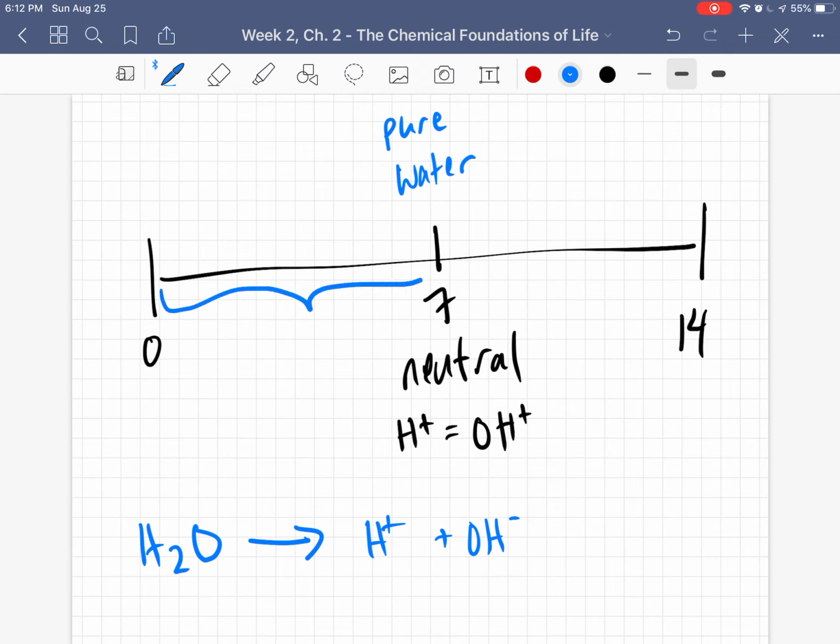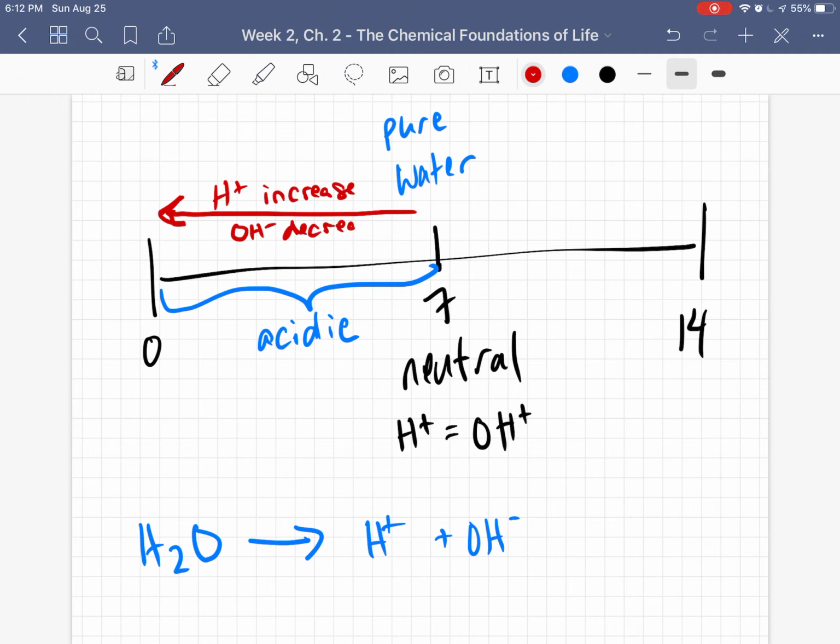If you are from 0 to 7, you're acidic. So as you move from 0 to 7, hydrogen ions increase, hydroxide ions decrease. 7 to 14 is basic.